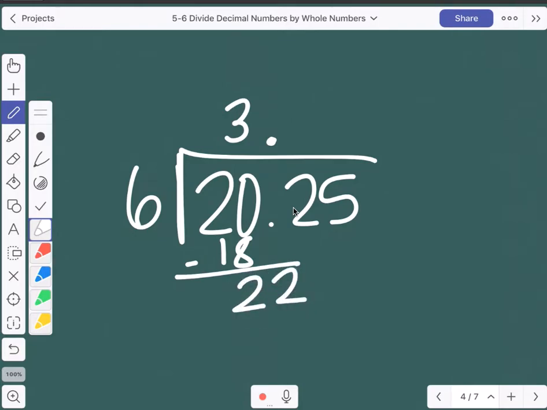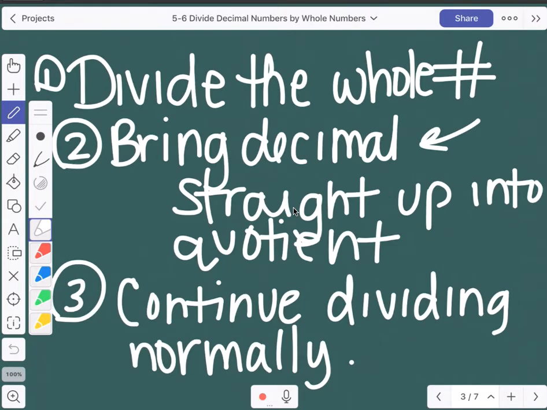I could do it that way. It doesn't matter if you move the decimal first or you move it later. The most important thing is that it goes straight up. It needs to stay between your ones place and your tenths place, just like the decimal always has to be between your ones place and your tenths place. Okay? So make sure that you have this list, and pause, do that now, and then we will move on to some more practice problems that we can do together.